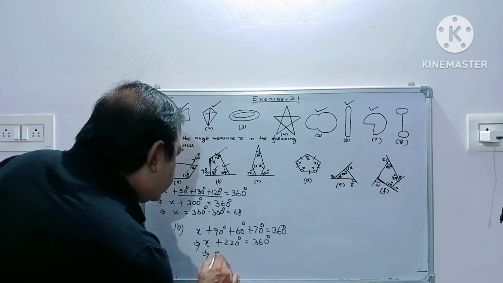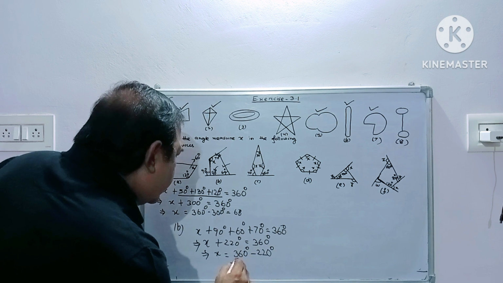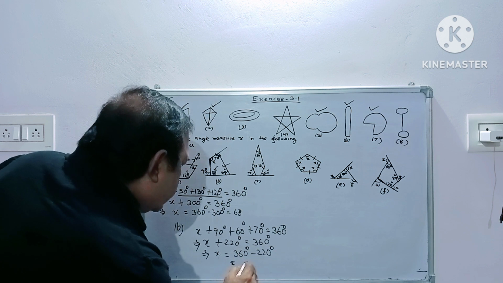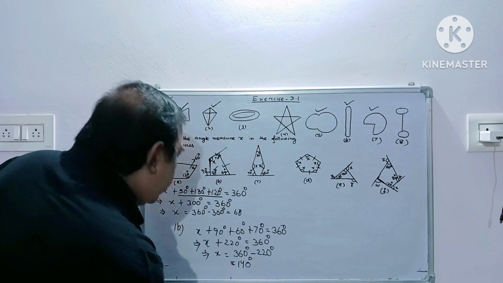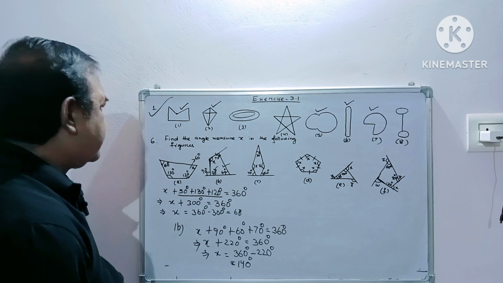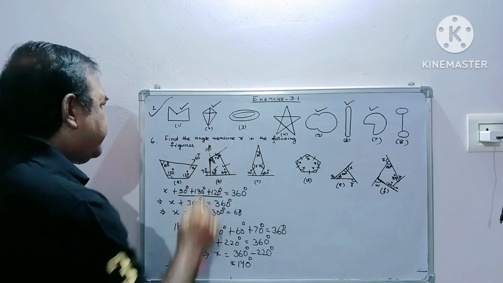That implies x is equal to 360 degrees minus 220 degrees, taking away 220 degrees out of 360 degrees. Then this will be 140 degrees. So this angle will be 140 degrees.